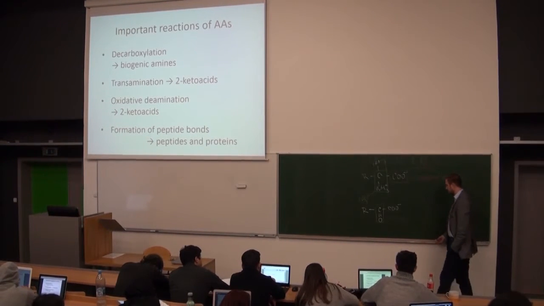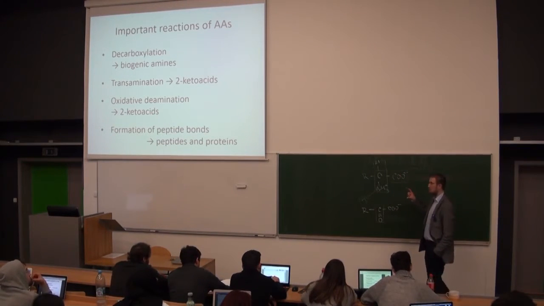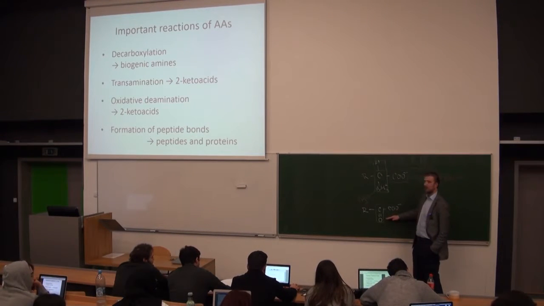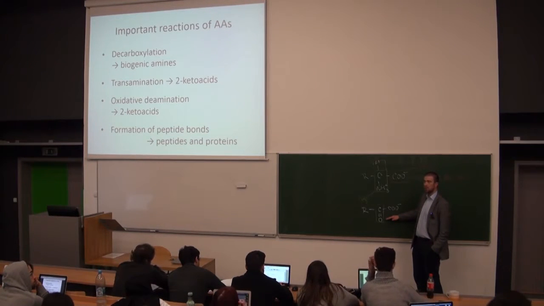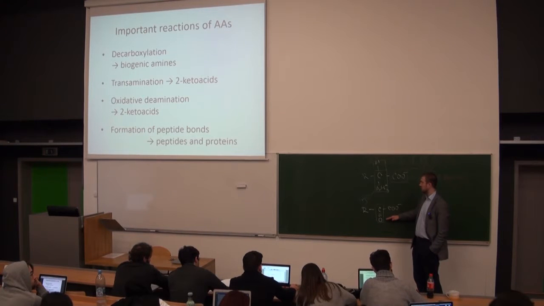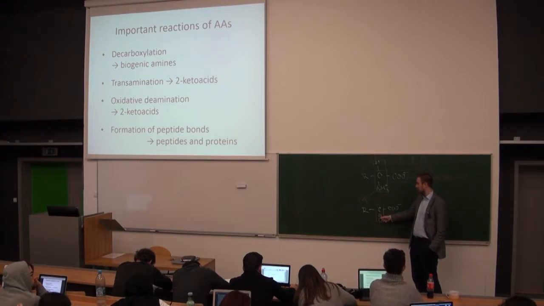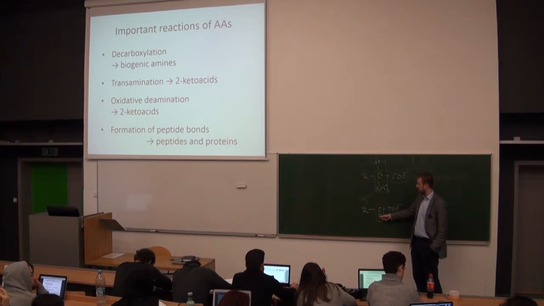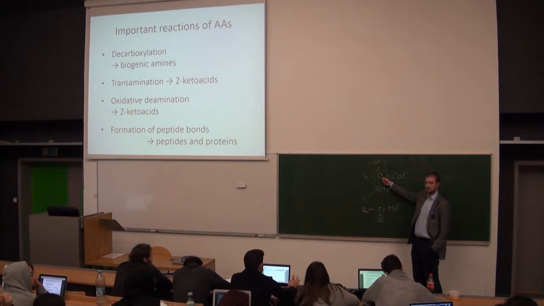And the third possibility is that you take a pair of an amino acid and an alpha keto acid, and you let them exchange their functional groups. That means that at the beginning you have the amino group on the amino acid, and after the transamination reaction you have the amino group on the second acid, and the keto group is given to the amino acid.